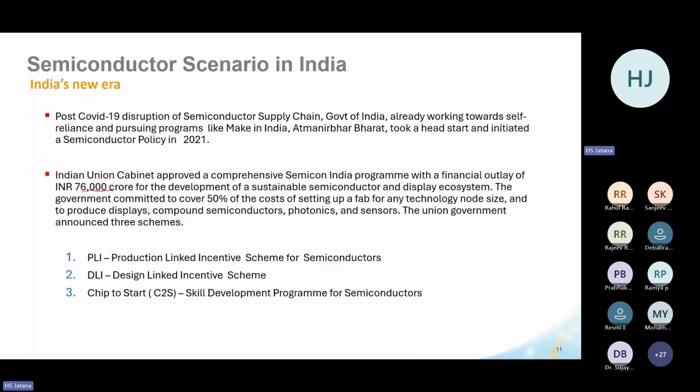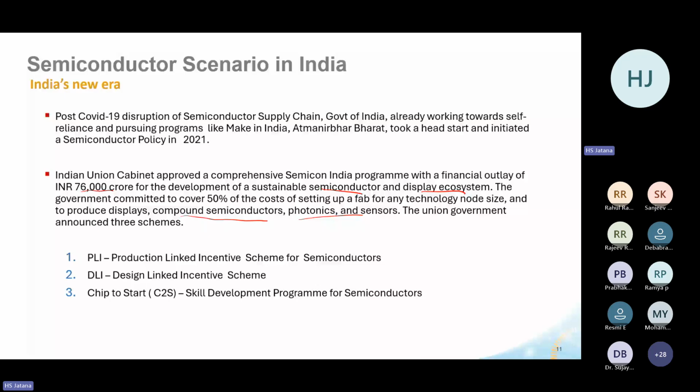Government will give 50% of the capex cost for semiconductor fabs, display fabs, testing and packaging, then compound semiconductor fabs, or photonics and sensors fabs. So under these different categories, 50% support.